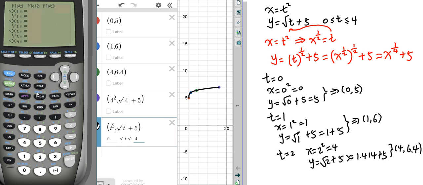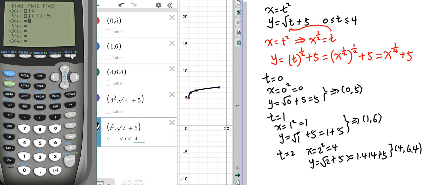You input t, this one, squared. And then here you will do radical t, so you do second, radical, input t, and then you do plus 5.